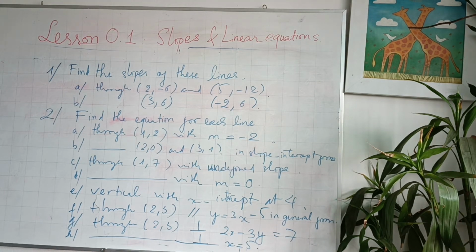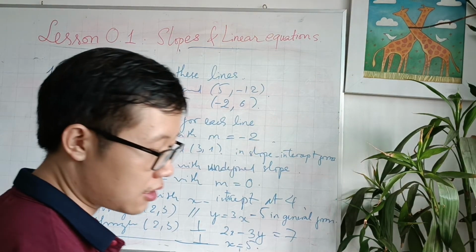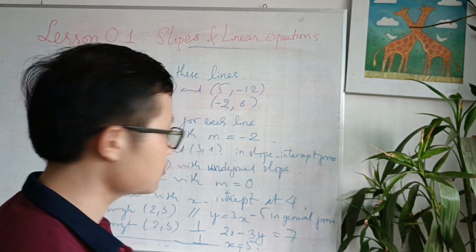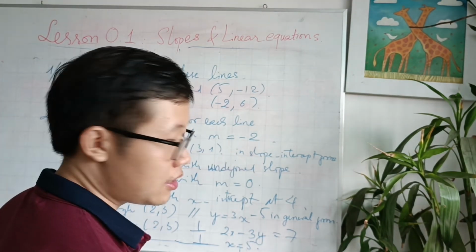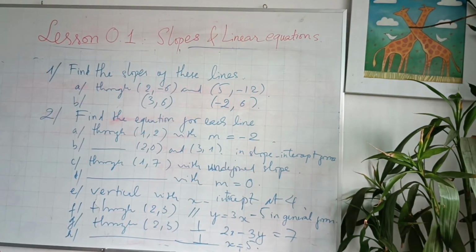Yes, this is the exercise you must do at home. This is just applying our lessons and reviewing our lesson today. And I have another question for you to think about at home.